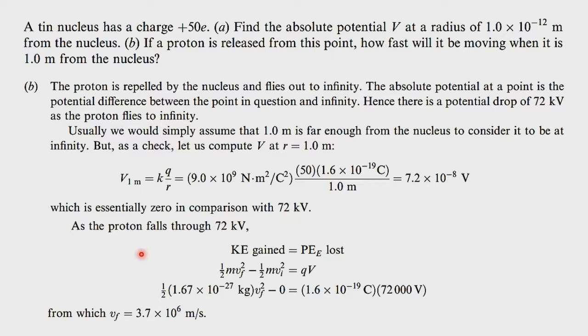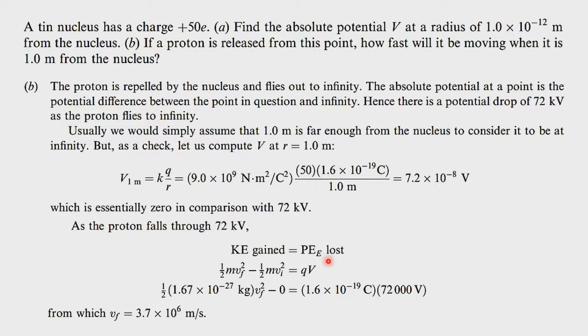So as the proton falls through 72 kilovolts, we will now answer how fast it will be moving. The only way to do that is to look at the relationship between kinetic energy and potential energy, and this is the conservation of energy.